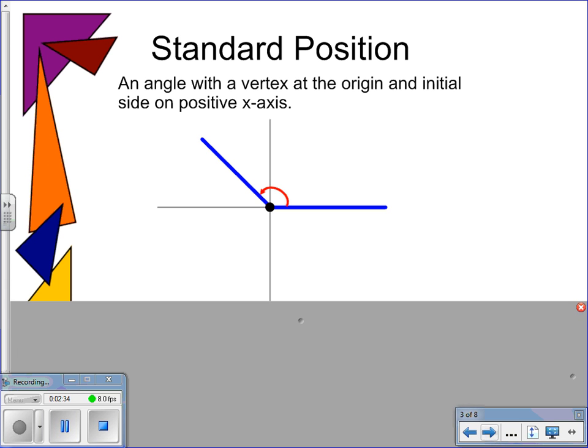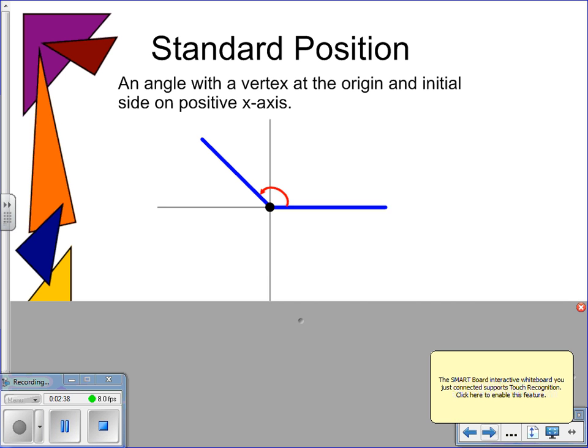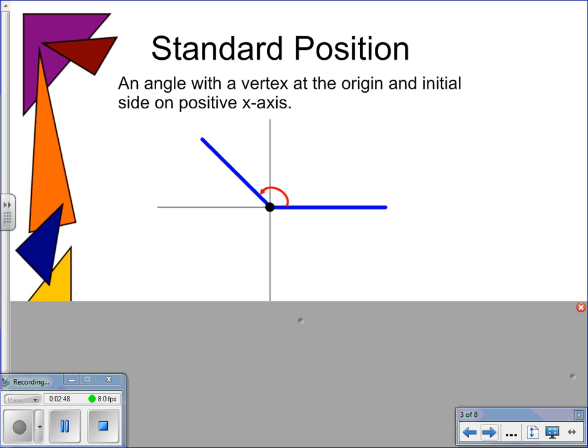Here's an angle in standard position. Notice you have an XY coordinate plane. You have a vertex at the origin. And then you have two sides to the angle.